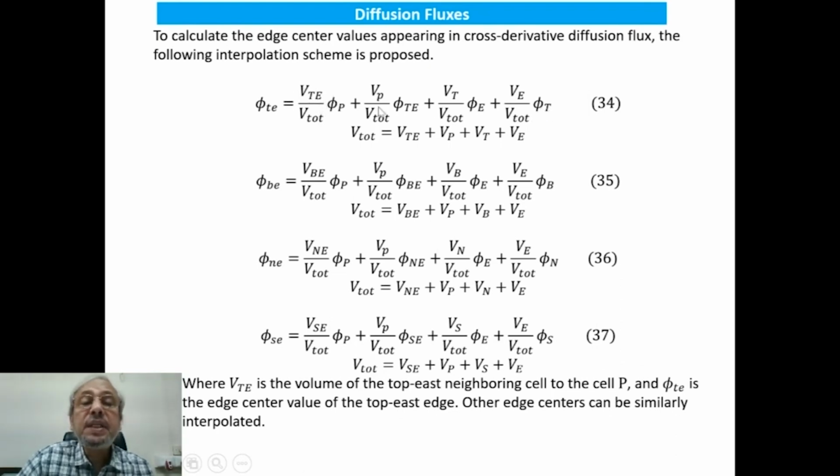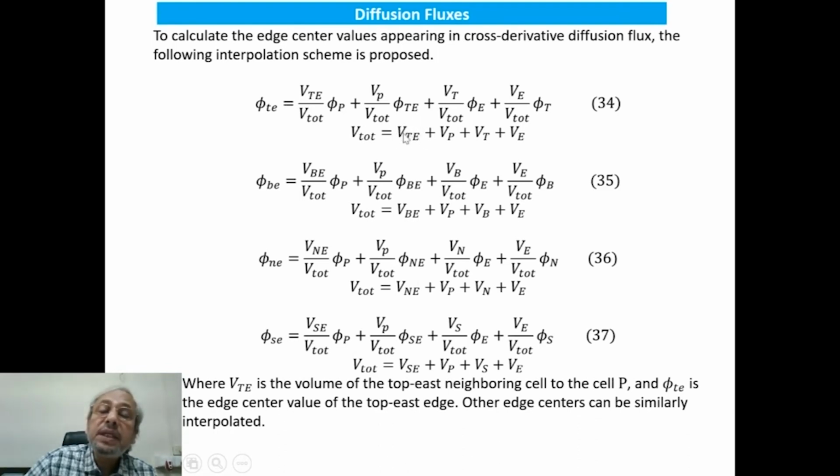So this is VT, VP, VT, VE, cell volumes. This is cell of interest P, its volume. Then this is the cell which is basically the eastern neighbor of the top cell over P cell, and this is volume of top cell, this is volume of eastern cell, and V total is volume of that cell which is basically the eastern neighbor of the top cell.